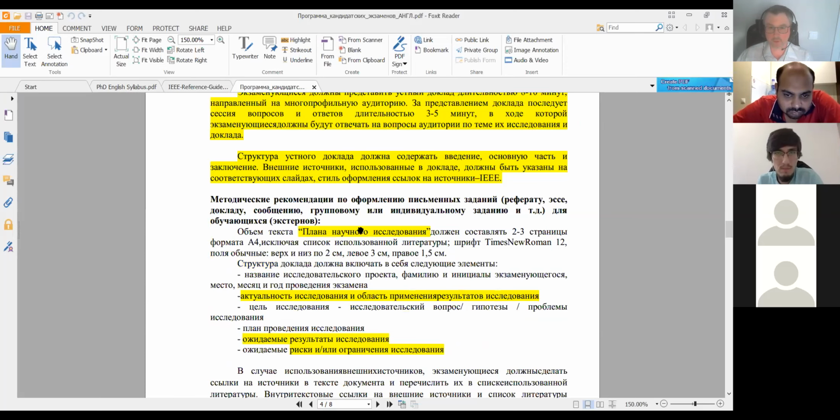Now, as for the research proposal, your research proposal should be 2 to 3 pages, with Times New Roman font 12, and this is the structure of your proposal. But once again, you do not have to worry about that until next year.